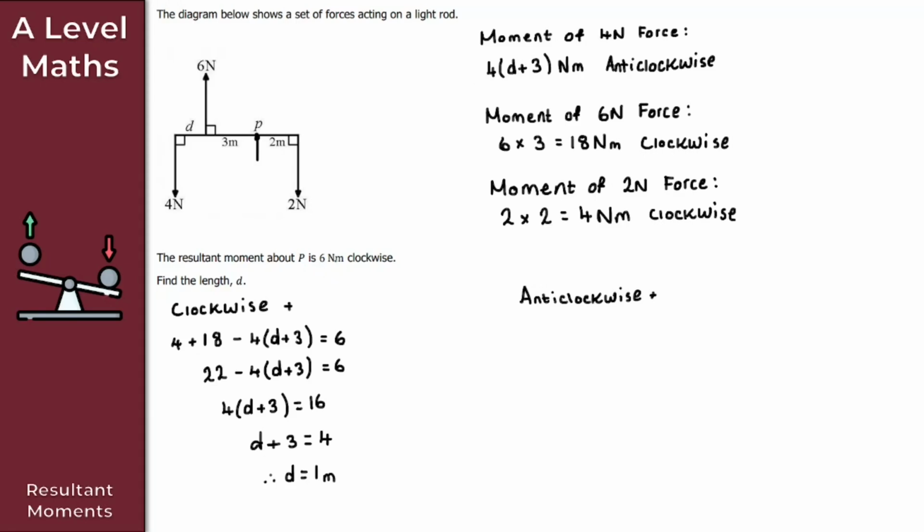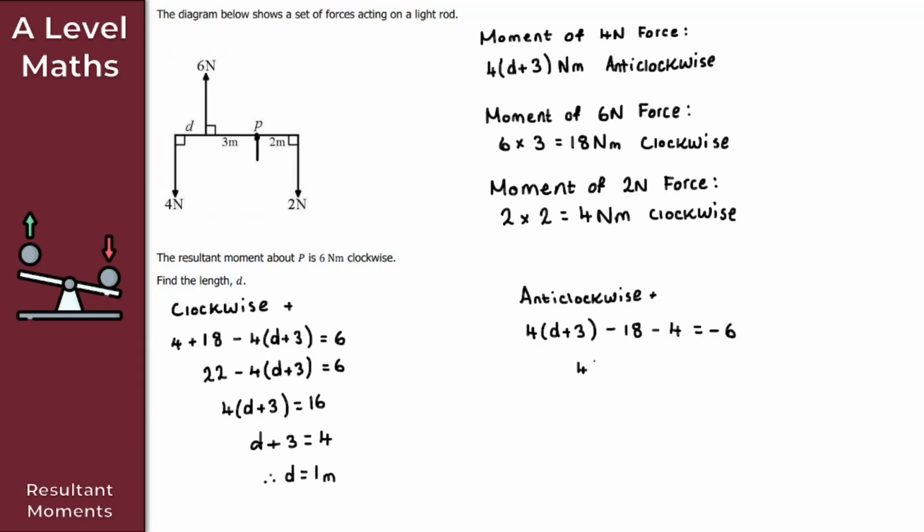Because this is 6 Newton meters clockwise. But in this case, clockwise is negative. Okay. So this would be minus 22.